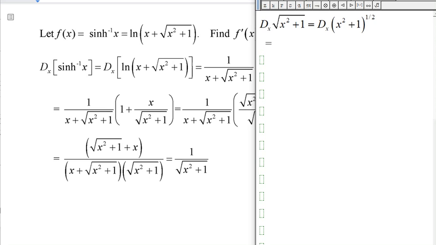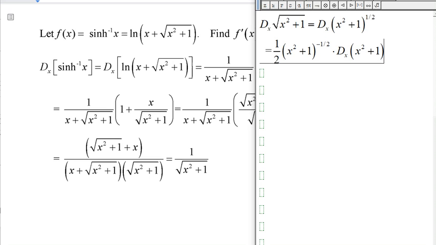So the derivative will be 1/2 times x squared plus 1, and recall that for the derivative, we move the 1/2 and place it in front of the x squared plus 1, and then subtract 1 from 1/2, so 1/2 minus 1 is negative 1/2. And then the chain rule says we have to multiply it by the derivative of x squared plus 1.